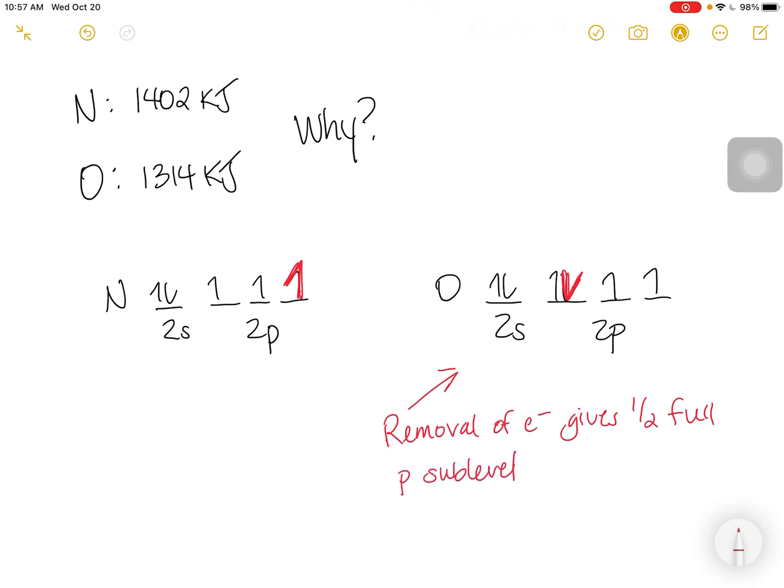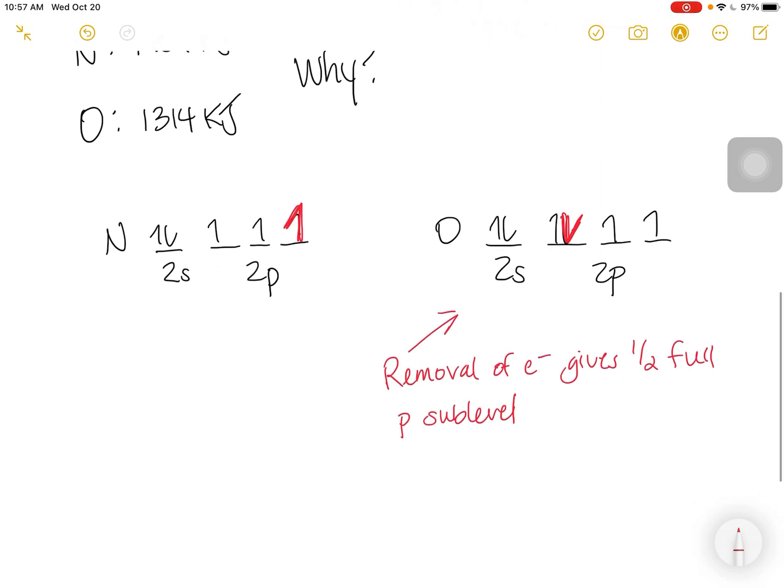We haven't really talked about this with p, but we talked about it with d. Remember, there were exceptions to the electron configurations with the half-filled and the completely filled d. The same idea applies when we're talking about removing an electron, because if we give it a half-full level, it's a more stable substance. So the removal of this electron gives it a half-full p sublevel, which brings stability.